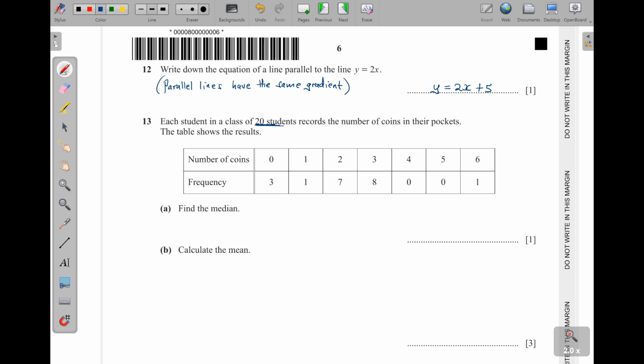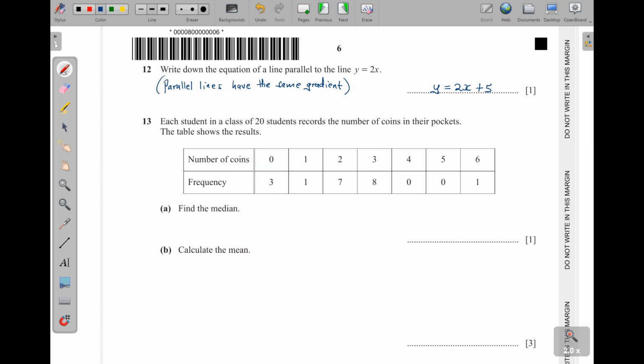If you want, you can say the zeros are 3, the ones we have only 1, the twos you write 7, and then the rest, then you cross them. However, for many numbers you won't be doing that.